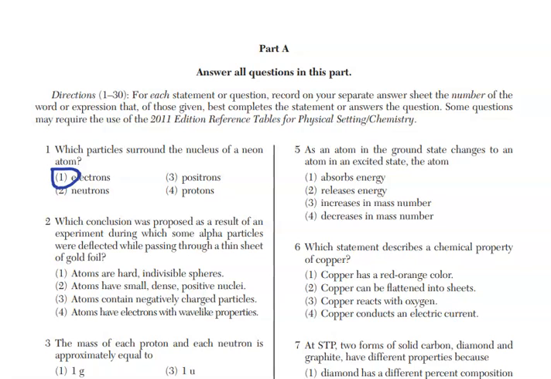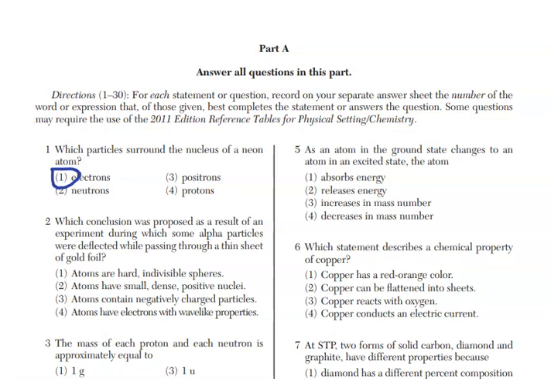For question 2, which conclusion was proposed as a result of the experiment during which some alpha particles were deflected while passing through a thin sheet of gold foil? Okay, so there were 2 results.